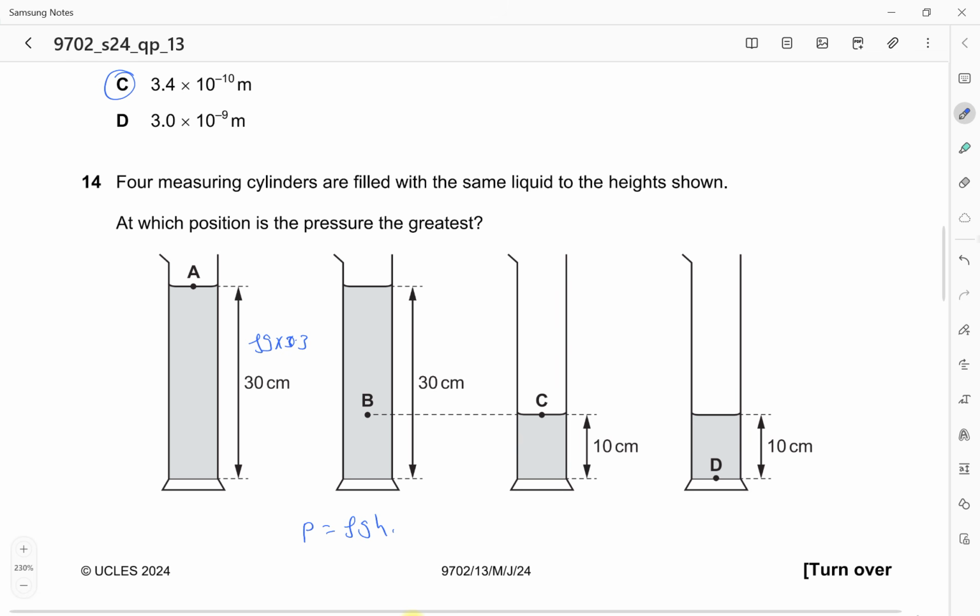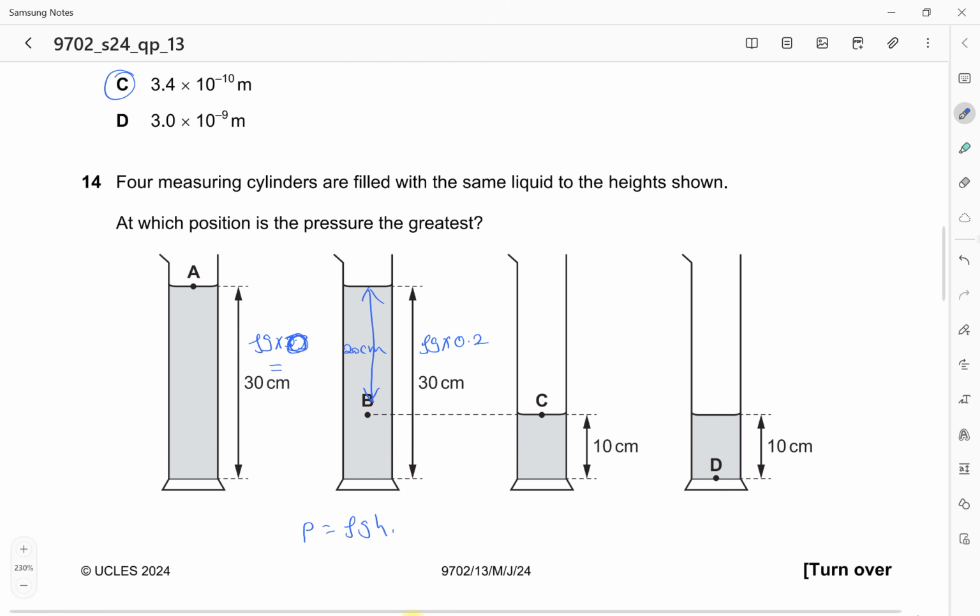Here the pressure is going to be density times g times the height of the liquid above point B, which is 30 minus 10. This height is going to be 20, so this is going to be times 0.2. Oh, sorry, this was at the surface, so the height here was 0. So this is times 0.